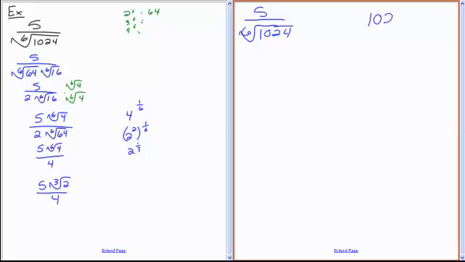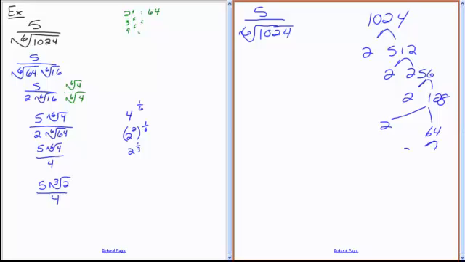If I get stuck and I'm not quite sure what to do, factor trees work really well. 1024 is 2 and 512, 2 and 256, 2 and 128, 2 and 64, 2 and 32, 2 and 16. So therefore 1024 is 2 to the 10th. And maybe you knew that already too.